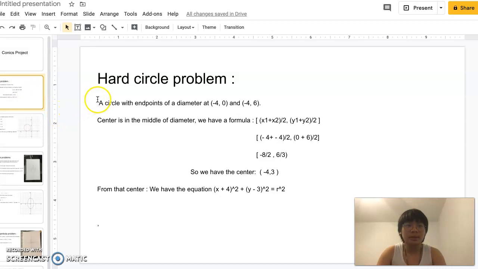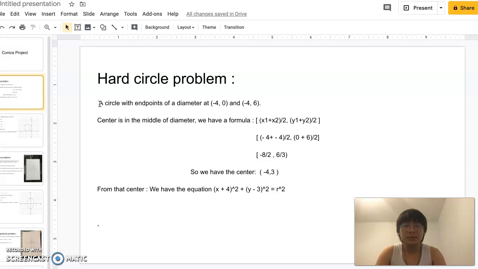The topic is a circle with endpoints of a diameter at (-4, 0) and (-4, 6). The center is in the middle of the diameter, so we have a formula: (x1 plus x2) over 2 and (y1 plus y2) over 2.